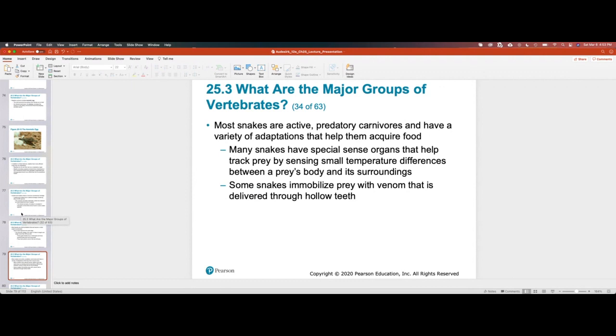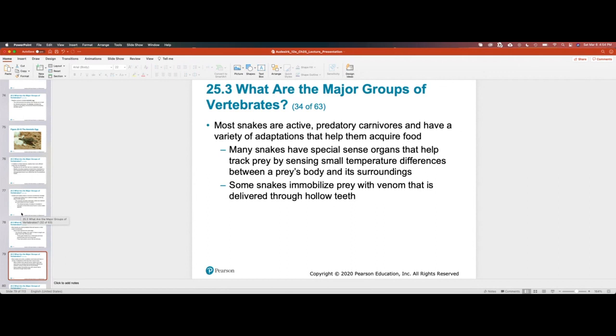Interesting thing about snakes, some use venom to immobilize prey, and it's delivered through special hollow teeth, or fangs. Snakes can also sense the heat or temperature difference between a prey and its surroundings, which can help them find prey even if it's camouflaged and hiding beneath something.